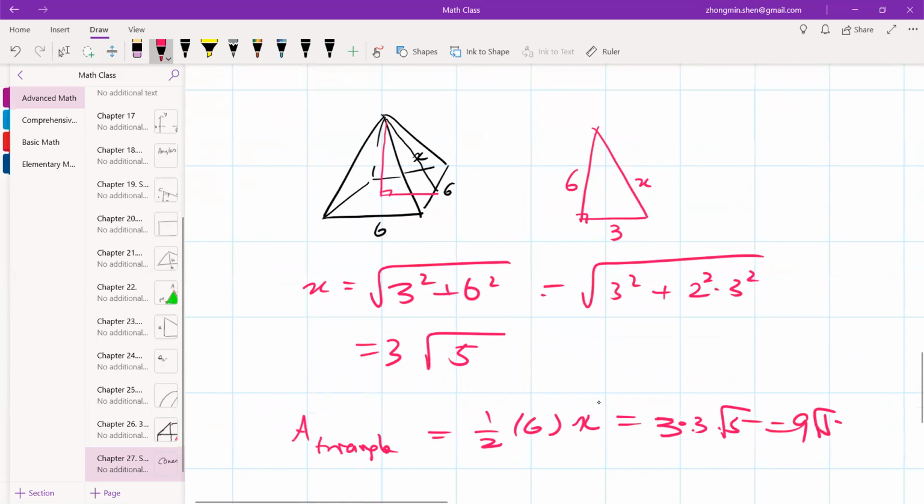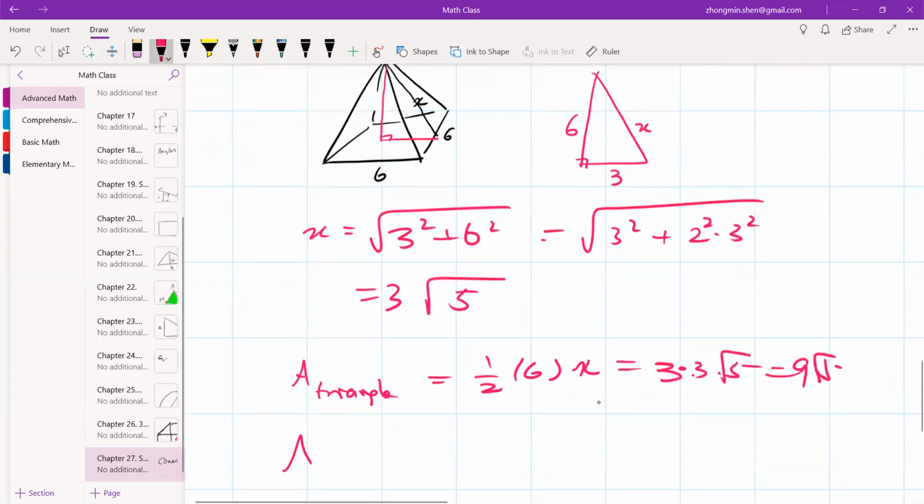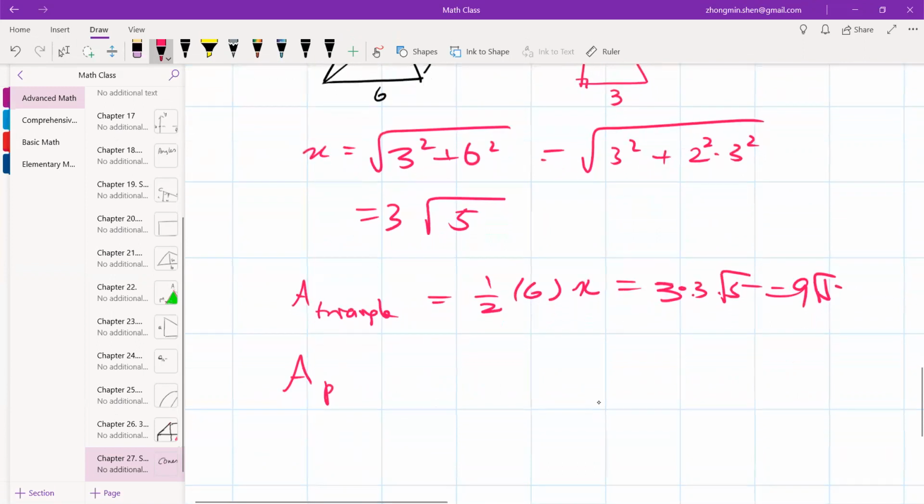And how many of them? 4, plus the bottom side. So the surface area of the pyramid is going to be 4 times that number, because you have 4 triangles, plus the base. That's the total.